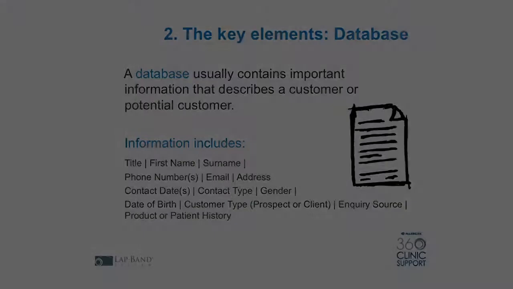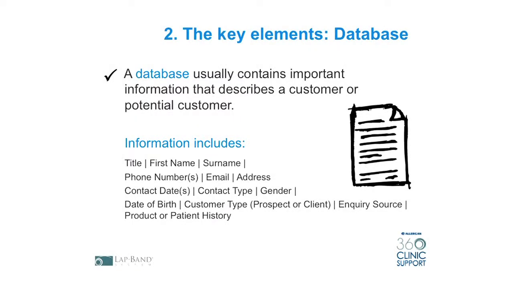Looking at the second thing within database management, the database, this really is the most important thing. As I said before, you need to get rid of that paper-based system because it's very difficult to manage, and it's also very difficult to find records in it.